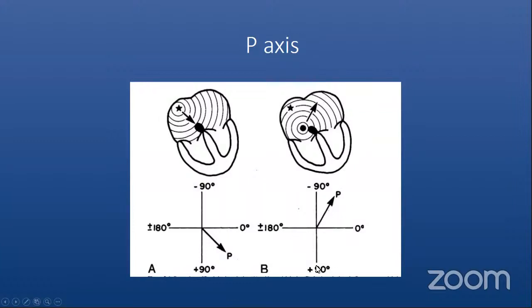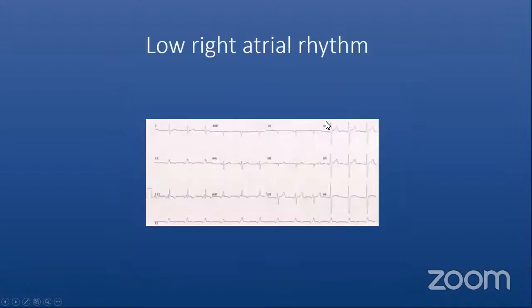If it's positive in AVF and negative in lead 1, that will be the high left upper quadrant, and this quadrant will be the lower left atrial region of that P wave.